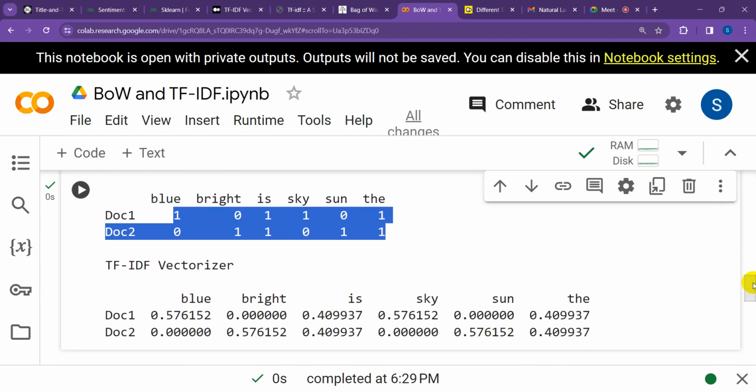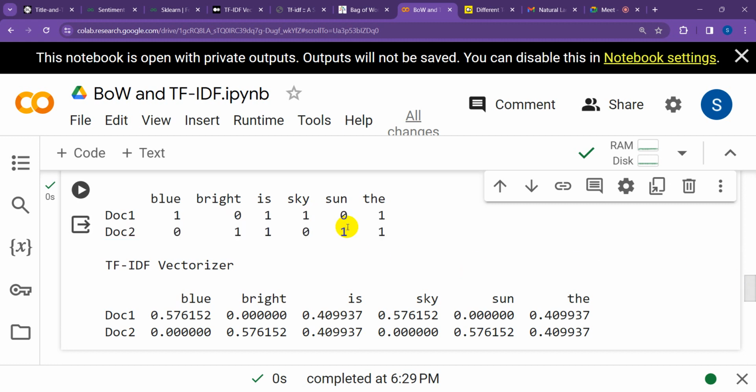Yes, ma'am. But ma'am, what is the difference then between TF-IDF and the count vectorizer? Means we are following the same process. No, no. See, the entire concept of bag of words can also be lengthy.